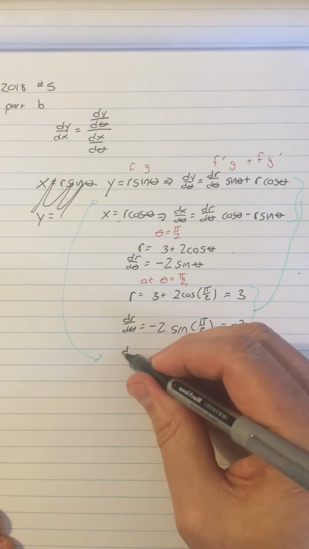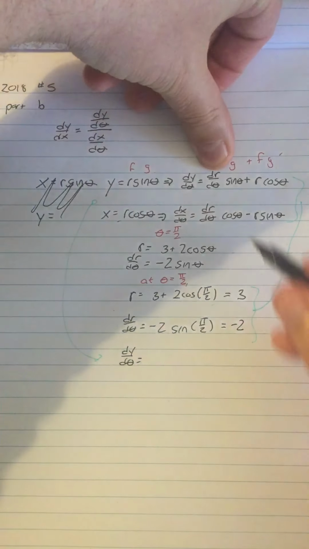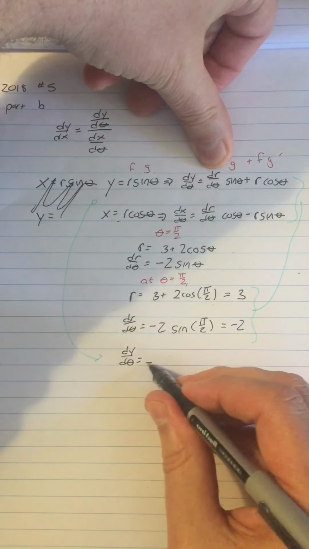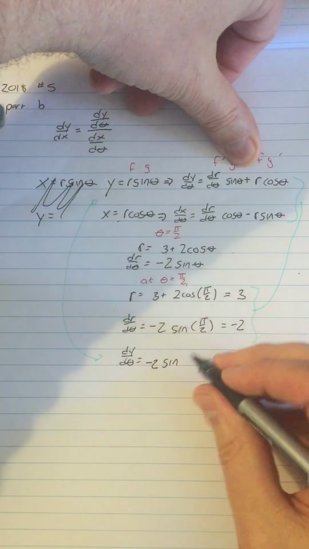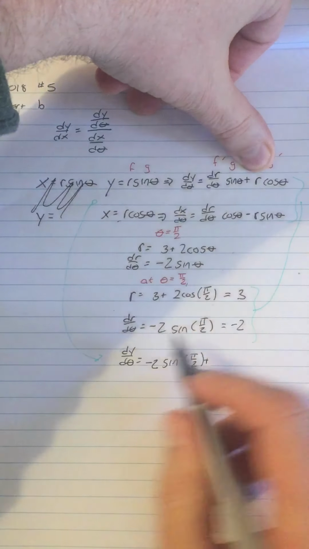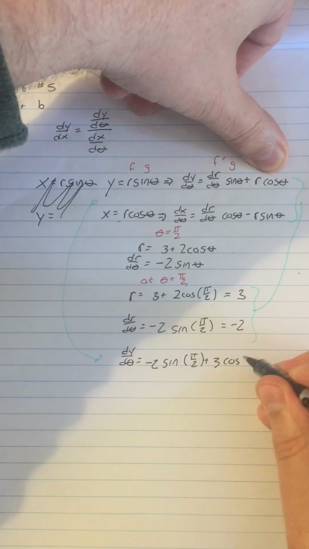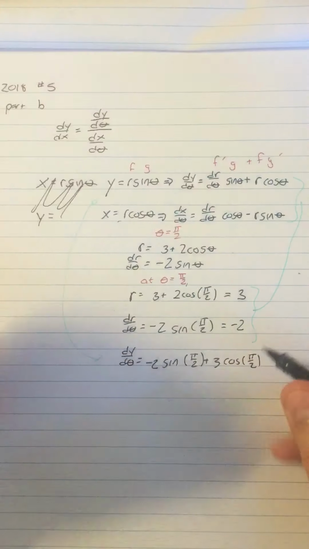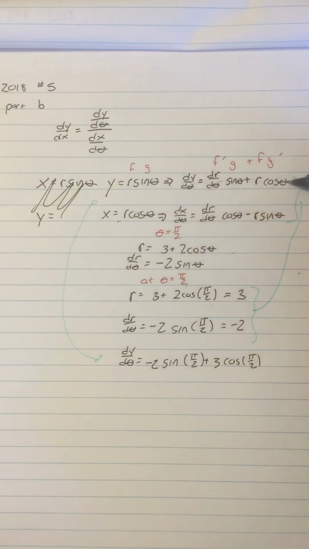dy d theta equals, so just coming from this line up here, our dr d theta, which is negative 2, sine of theta is going to be sine of pi over 2, plus r, which is 3, cosine of theta, which is cosine of pi over 2. So that's basically just plugging in the known values of theta, r, and dr d theta into this line up here.